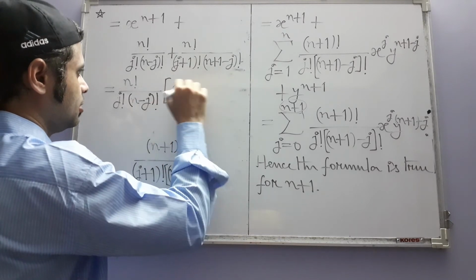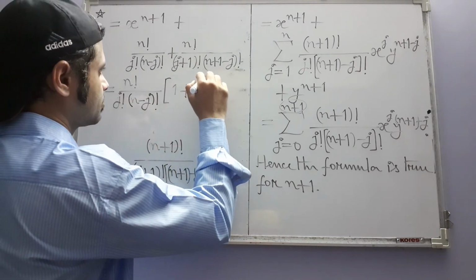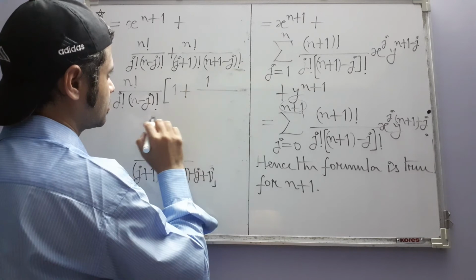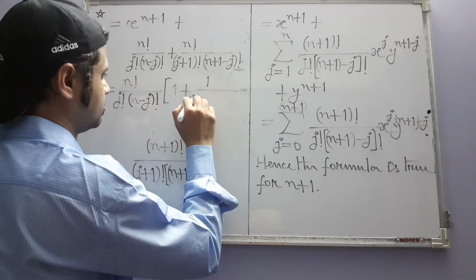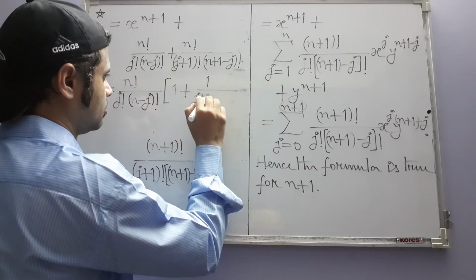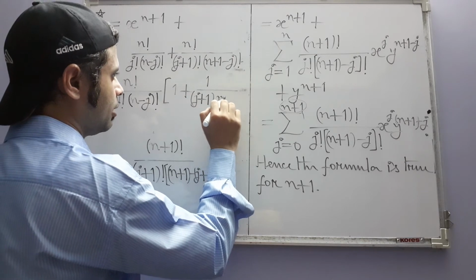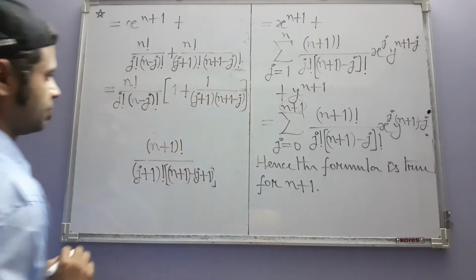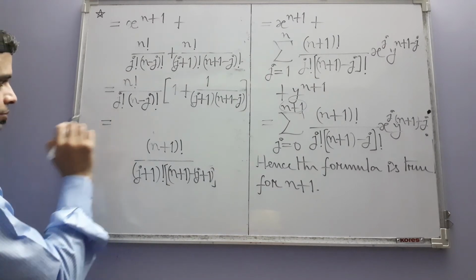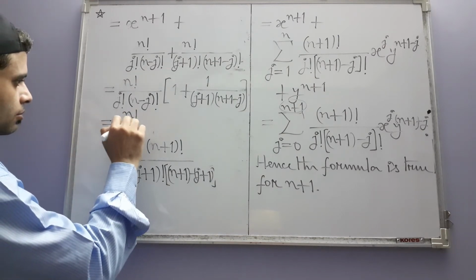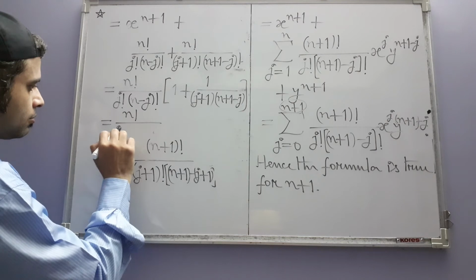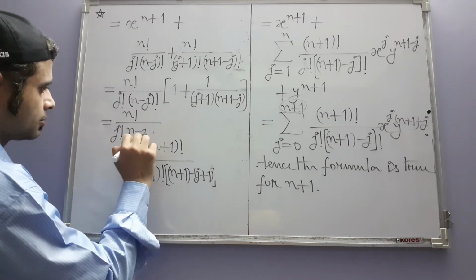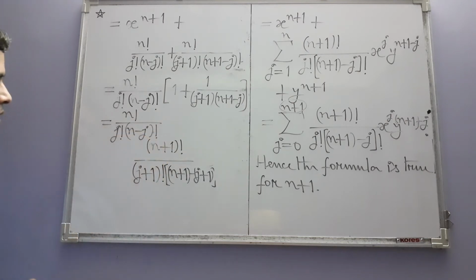Okay, let's see what we get, or whether we again run into something wrong. N plus 1 minus j. J factorial times n minus j factorial.